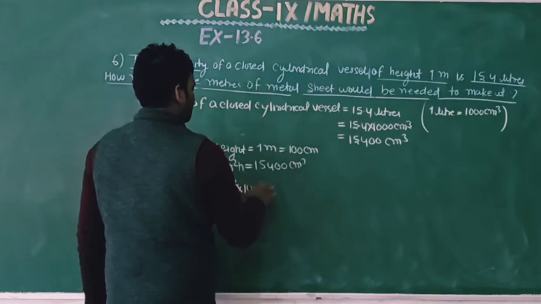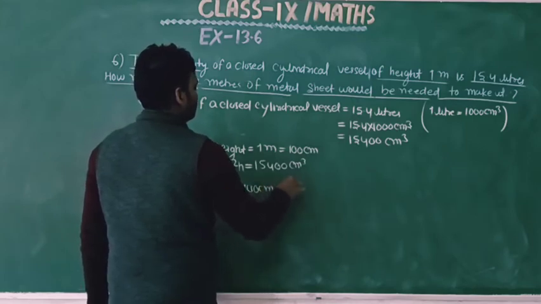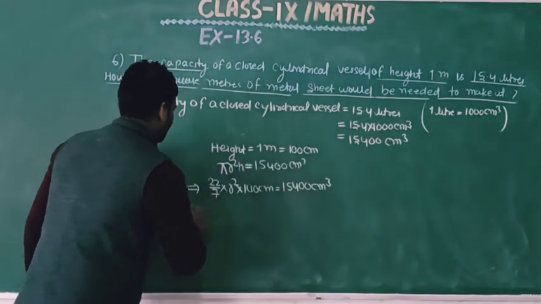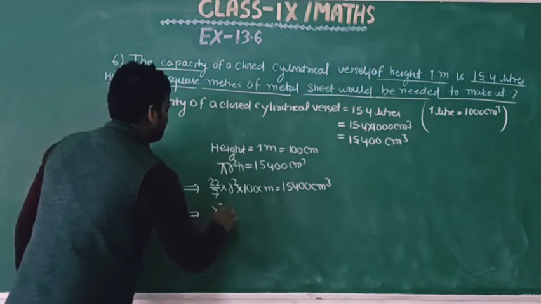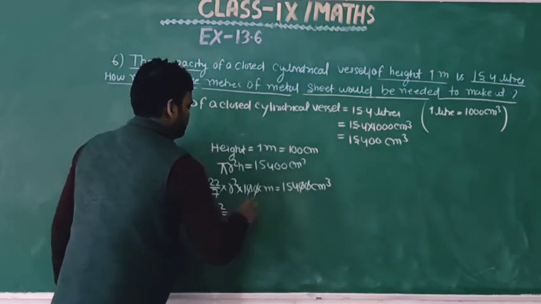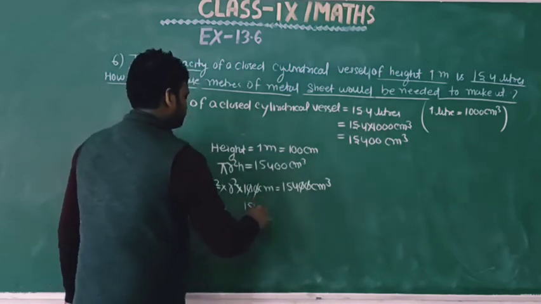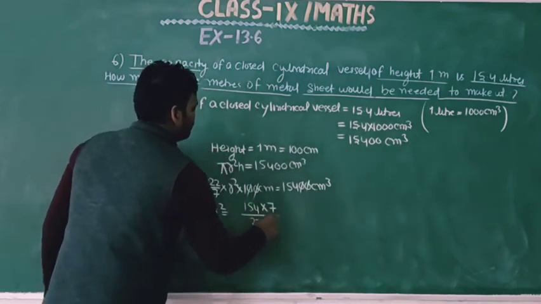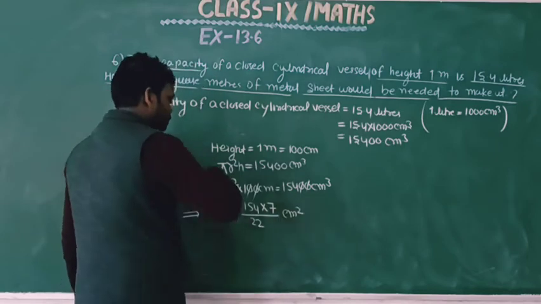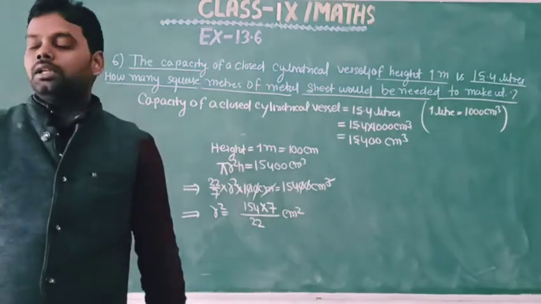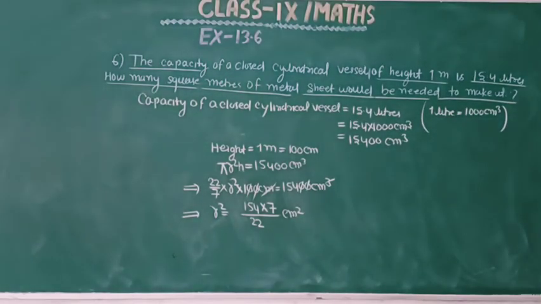So r square equals 154 into 7 divided by 22 centimeter square, after the zeros cancel out on both sides.